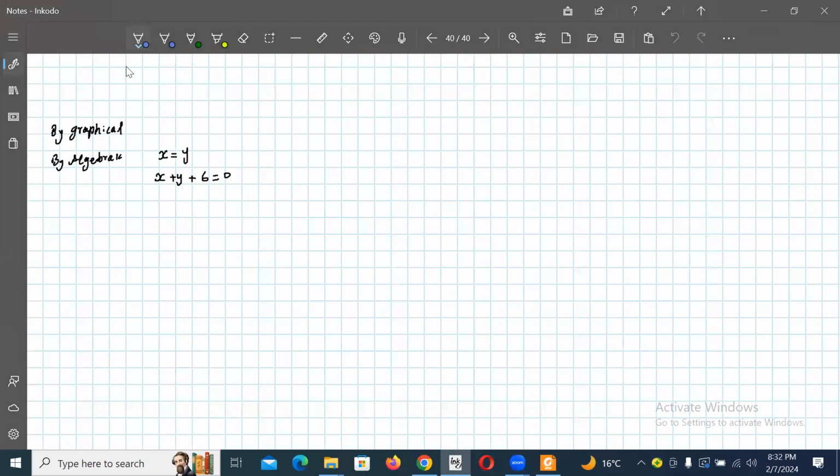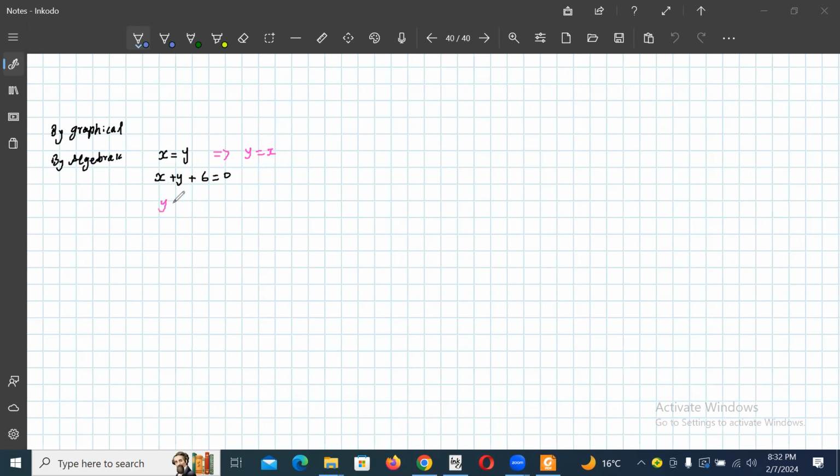Here, we already know that the first equation is a sloping line, y is equal to x. Either you can say y is equal to x or x is equal to y, both are correct. When y is equal to x, it's a sloping line and it passes through the origin. This is easy, but we will think about the second line, okay?